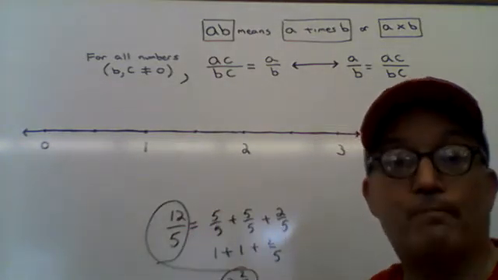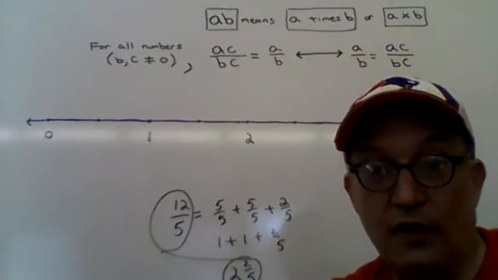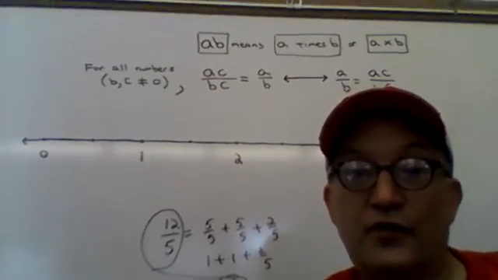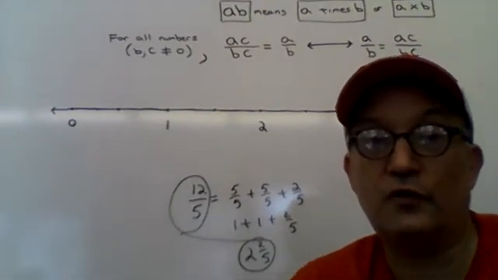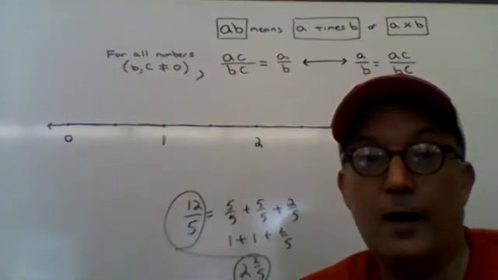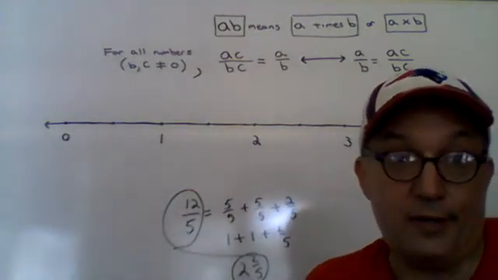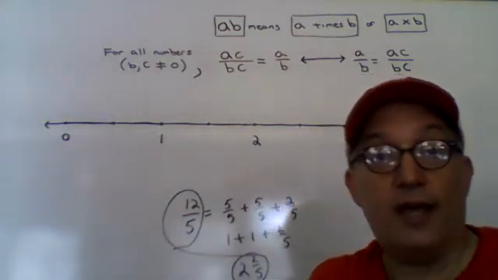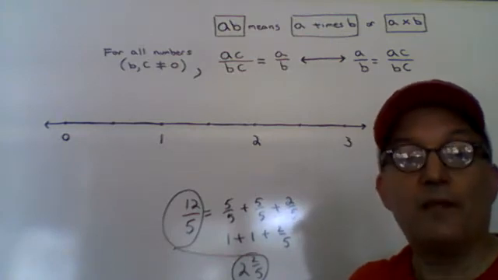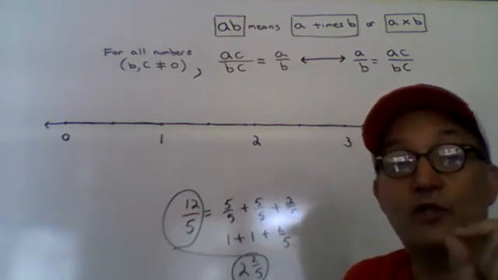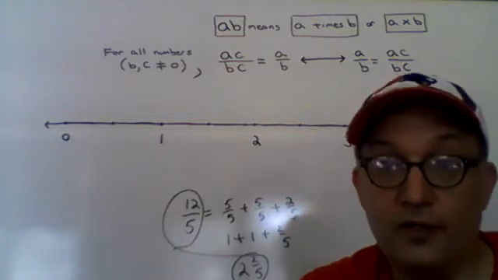These two are equal, they are equivalent, they are the same point on the number line, the 12 fifths and the 2 and 2 fifths. But notice that the denominator of the 12 fifths and the denominator in the 2 and 2 fifths is the same, it's 5. Now we're going to consider fractions that are equal to each other where the denominators are different.